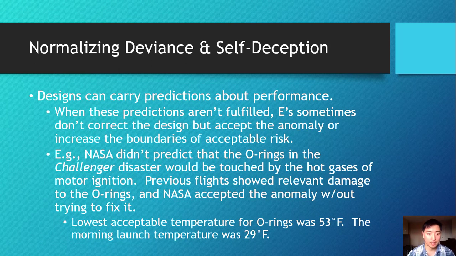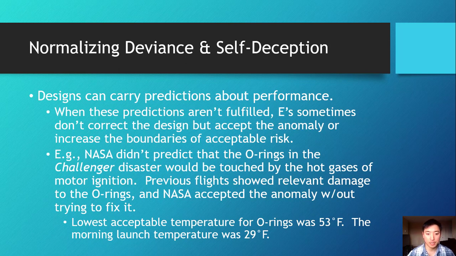To give you an example of this, let's return to the Challenger disaster. Remember, there were problems with the O-rings that were in significant part responsible for the Challenger disaster. NASA didn't predict that the O-rings used on the Challenger would be touched by the hot gases of motor ignition.